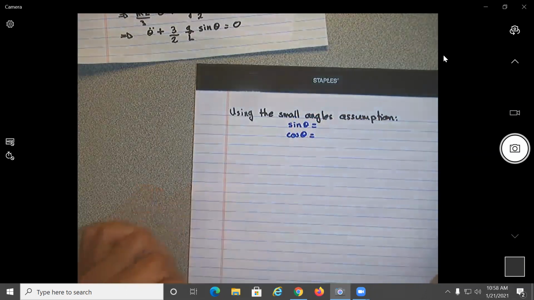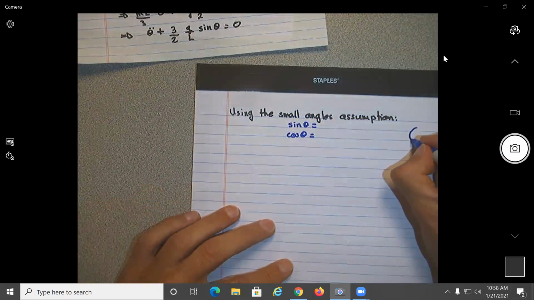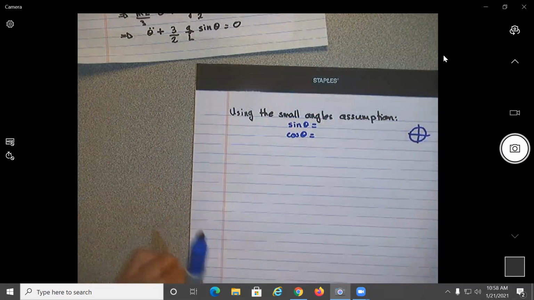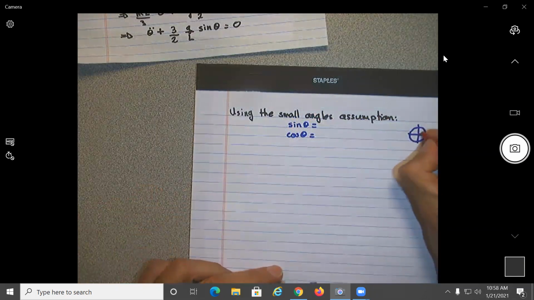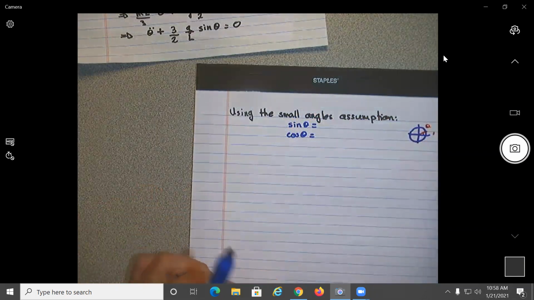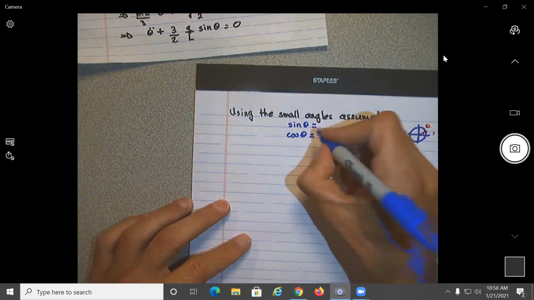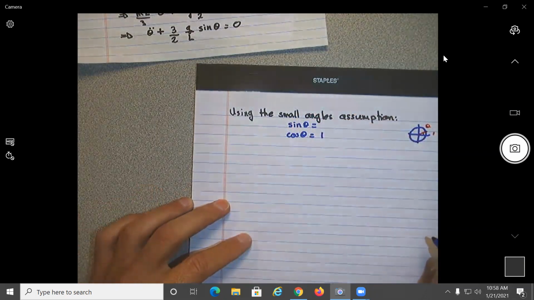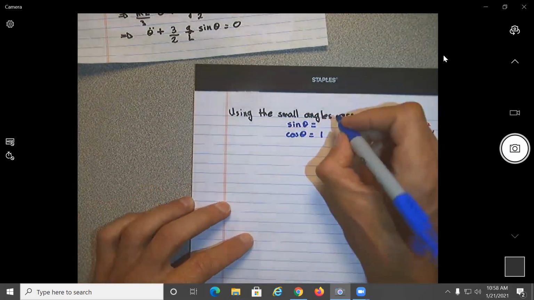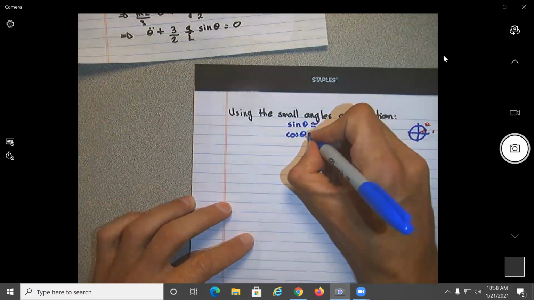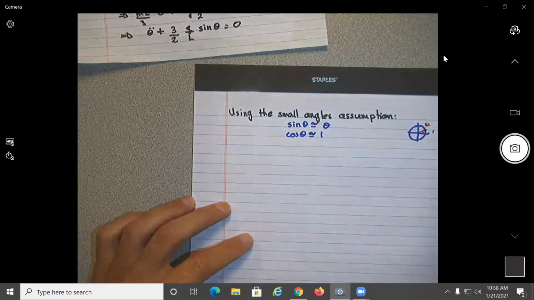If you have a very small angle, think about a circle, cosine theta should be equal to 1, and for very small angles, sine theta is approximately equal to theta.